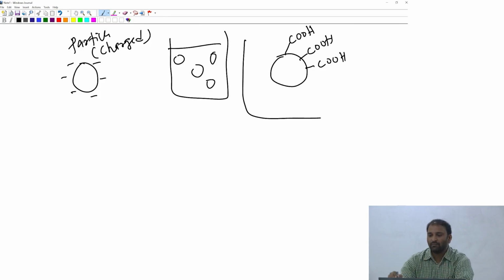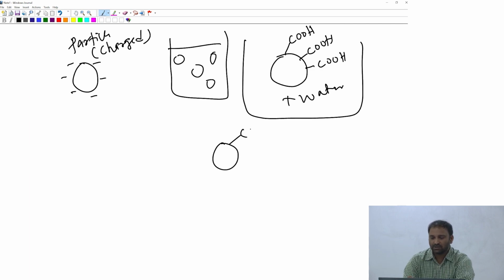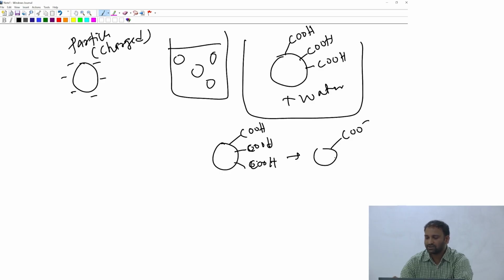Whenever I have a particle like that, the moment I put it in water, this particle with these surface groups gives COO minus.